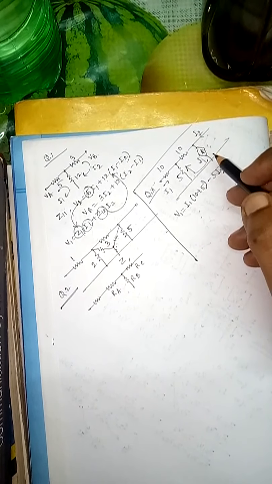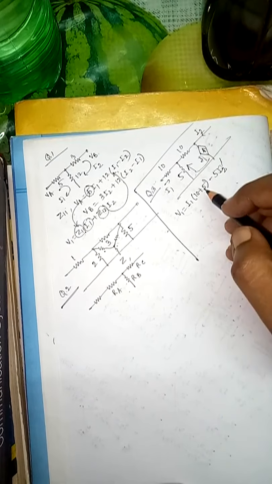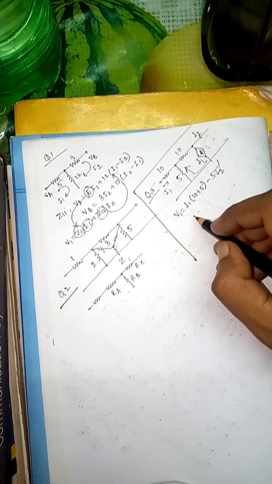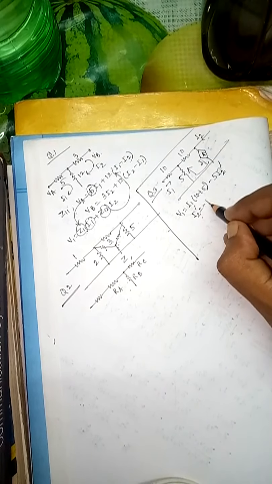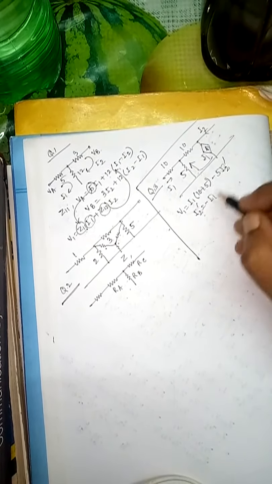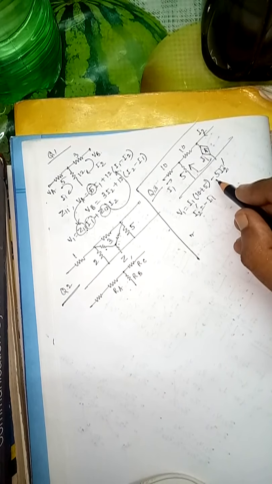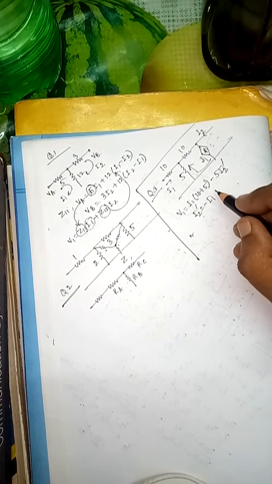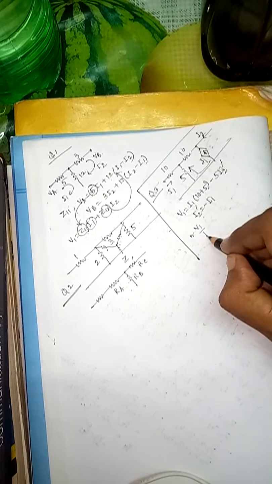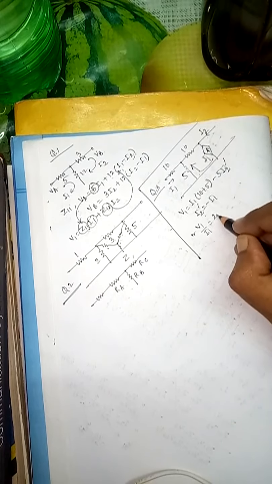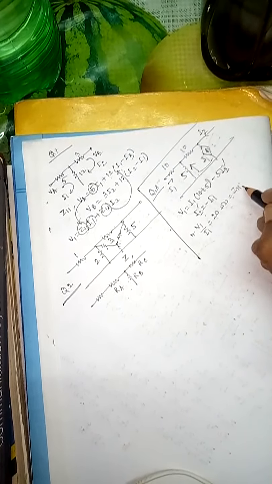So I can write that minus I2 is basically the I1. So here I can write that I2 dashed equals minus I1. So just put this, so you will be getting plus 5 here. So 20, so V1 by I1 equals 20 ohm, so that is Z11.